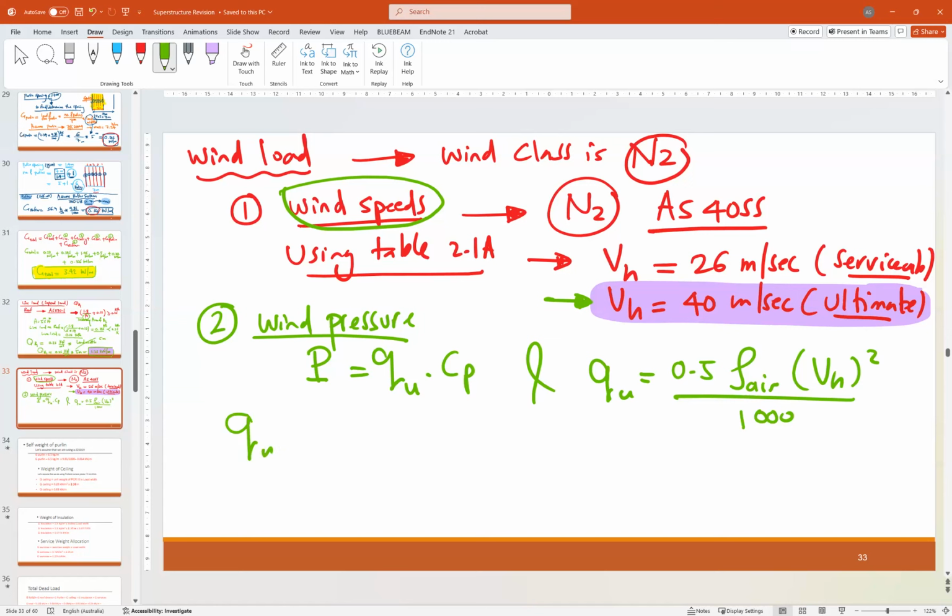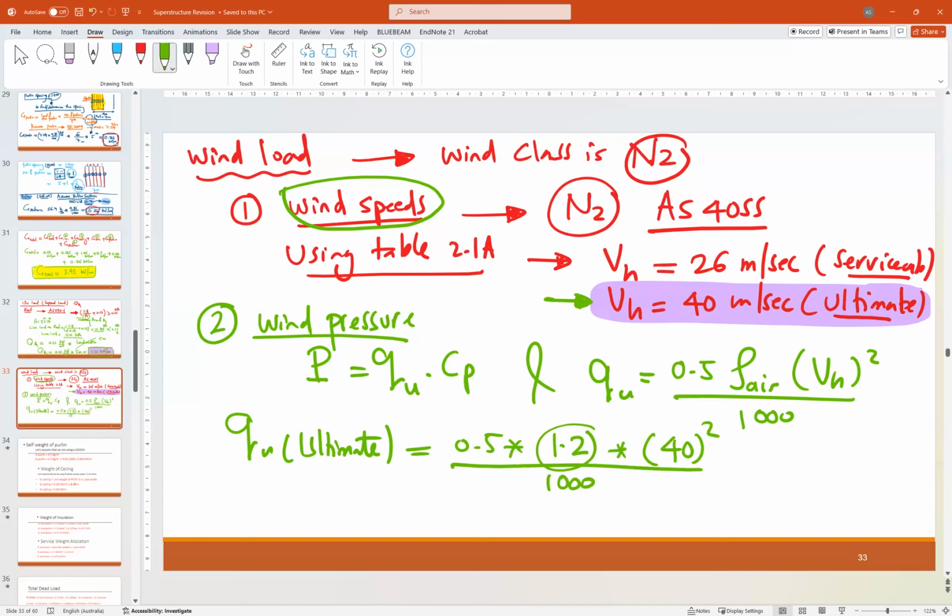So QU for ultimate equal to 0.5 rho air is 1.2 times 40 squared divided by 1000. So this value is 0.96 kPa.